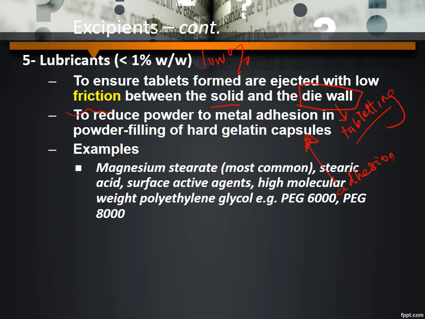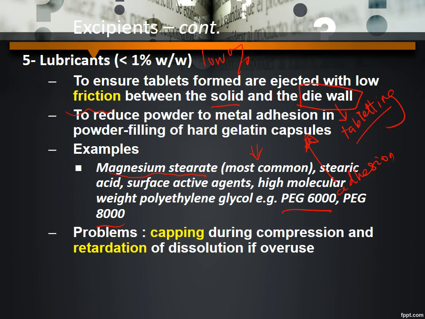Okay, so for examples of lubricant that you can use, usually in tableting we use magnesium stearate, which is the most common one, or you can use stearic acid, surface active agents, or high molecular weight polyethylene glycol, for example PEG 6000 or PEG 8000.